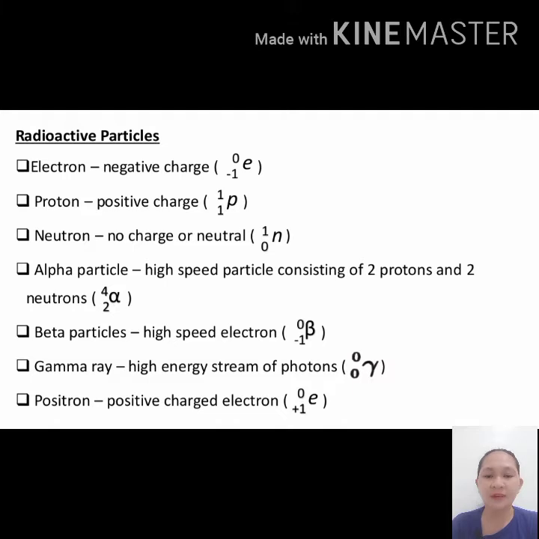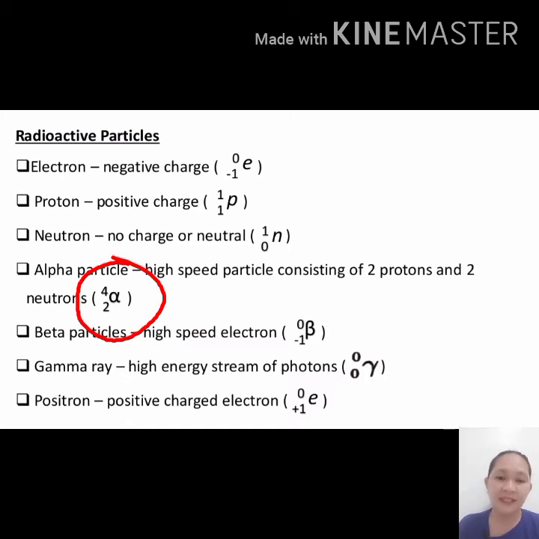Next is the alpha particle. It is a high-speed particle consisting of 2 neutrons and 2 protons. As you can see, the superscript is the number 4, which means it is a combination of 2 neutrons and 2 protons. The next is the beta particle, which is a high-speed electron.